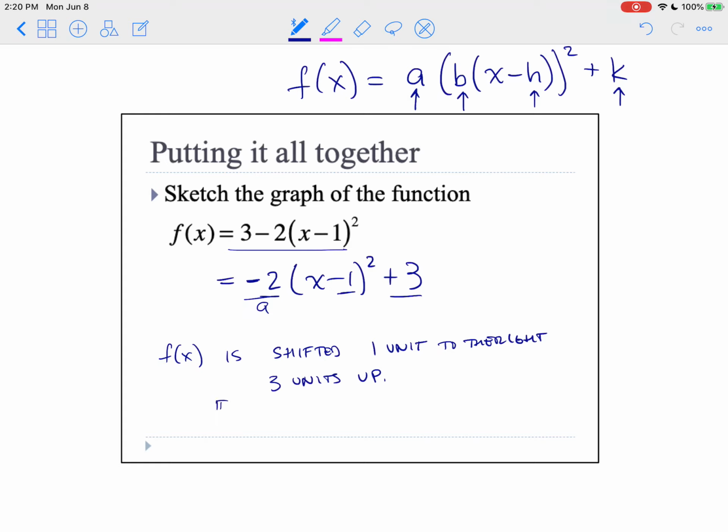It is vertically stretched by a factor of 2.